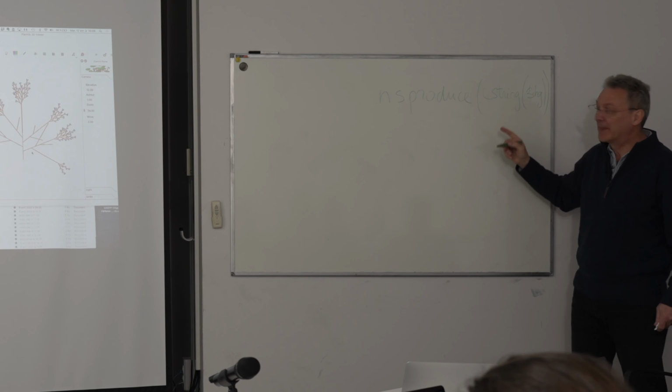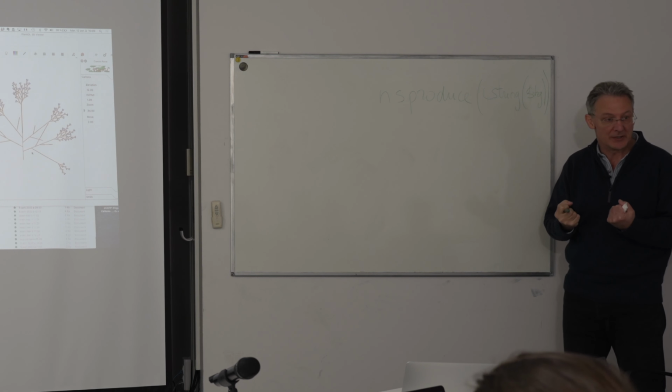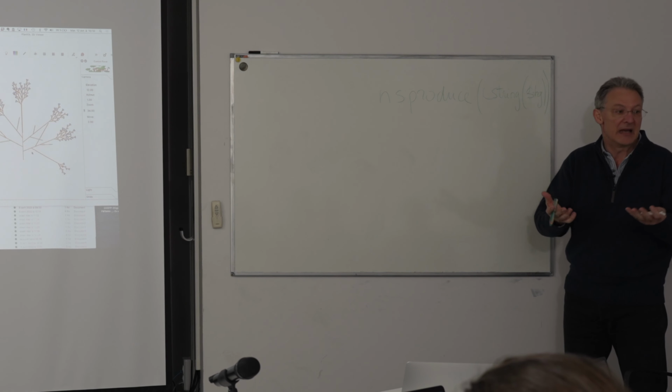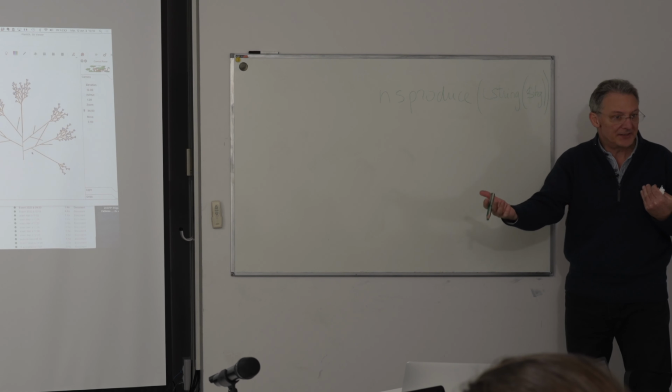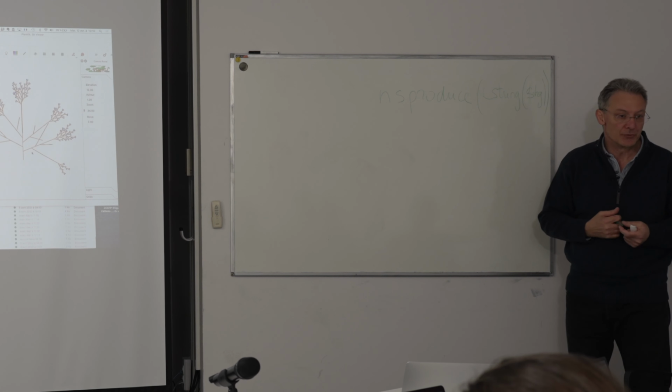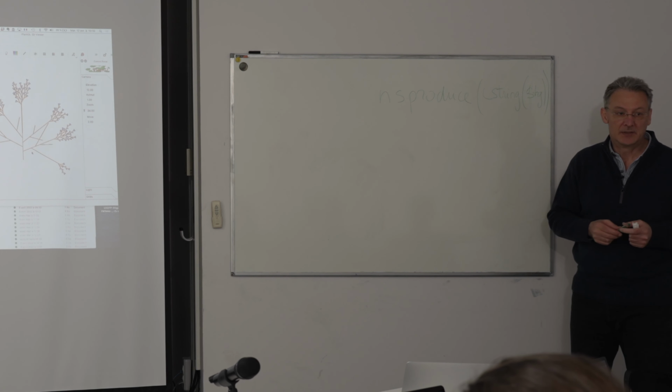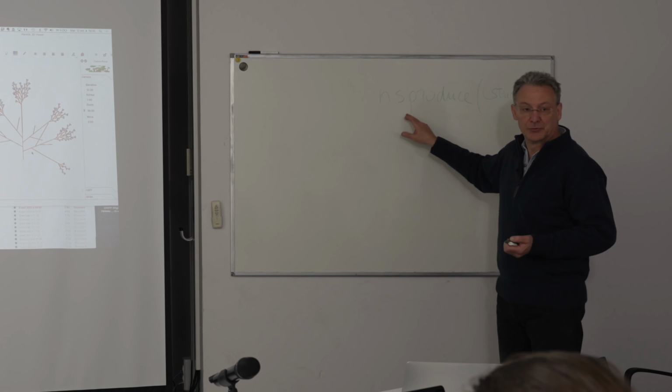So it's a way to take a Python string, chaîne de caractères, string of characters, and use it as the right-hand side of a production rule. Clear? So it's a special statement to do this type of thing.